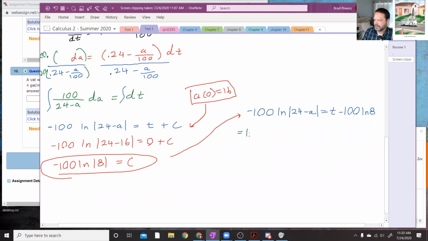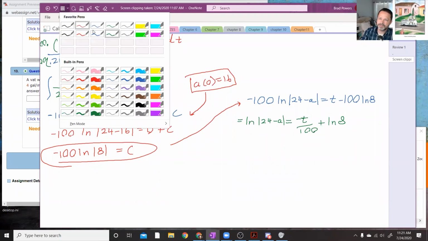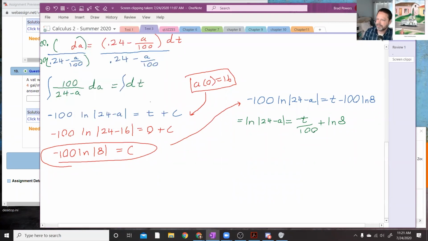So we'll have natural log of 24 minus a is equal to negative t over 100 plus ln of 8. I think that's what I want to do. And then we'll exponentiate. So e to all this, and we're going to get, let's see, 24 minus a.